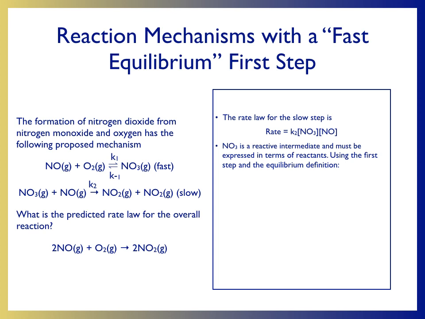To express it in terms of reactants, we use the first step, which is a fast equilibrium, and set the rate of the forward reaction equal to the rate of the reverse reaction.